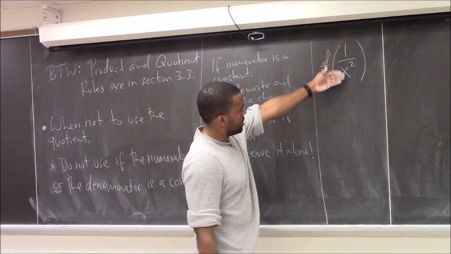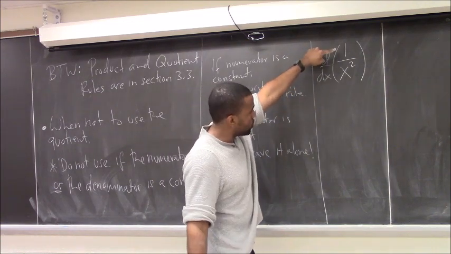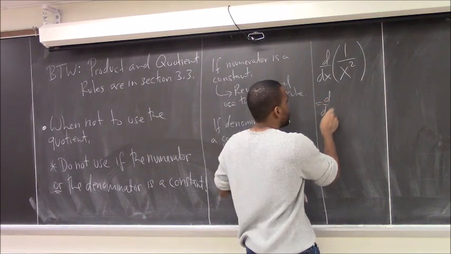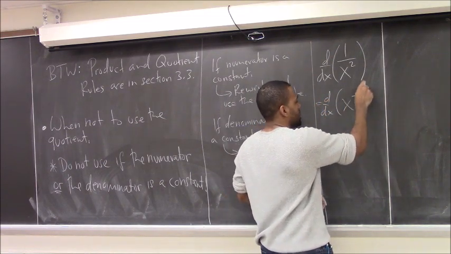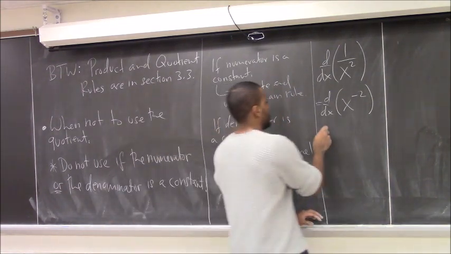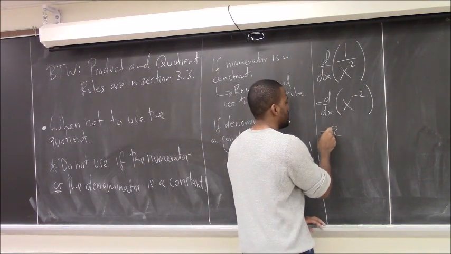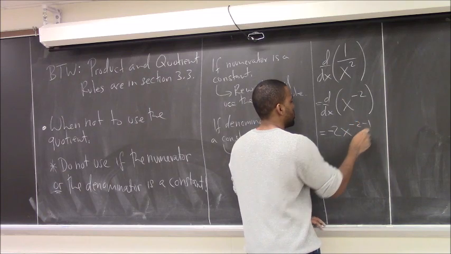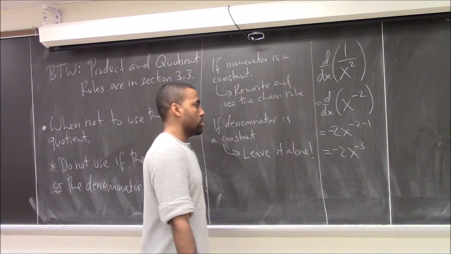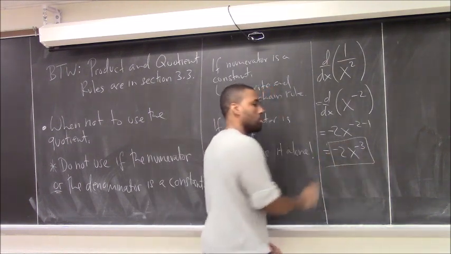Notice that in this case the numerator is a number, it's just 1. So I would just rewrite that as x to the minus 2 instead, and just use the power rule. That's minus 2, x to the minus 2 minus 1, so that's minus 2, x to the minus 3. So that would be the derivative there.